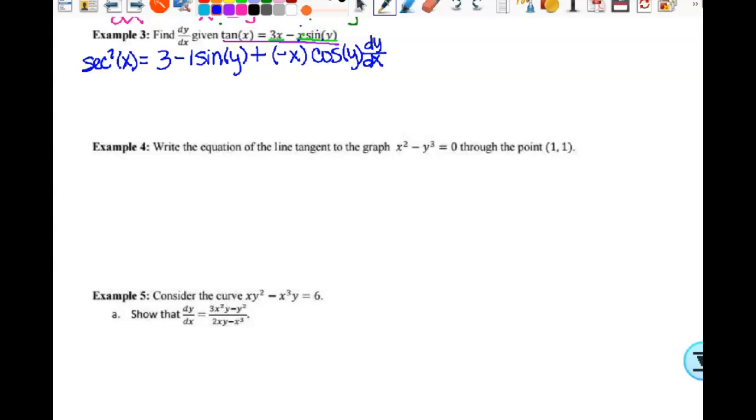Now, the rules say to move all of the dy dx terms over to the left and everything else over to the right. Does it have to be in that order? No. Would it, in this one, maybe make a little bit more sense to leave your dy dx term? I mean, it's up to you, but if I look at this, I only have one, and it's on the right-hand side. So why move it to the left and other things to the right?